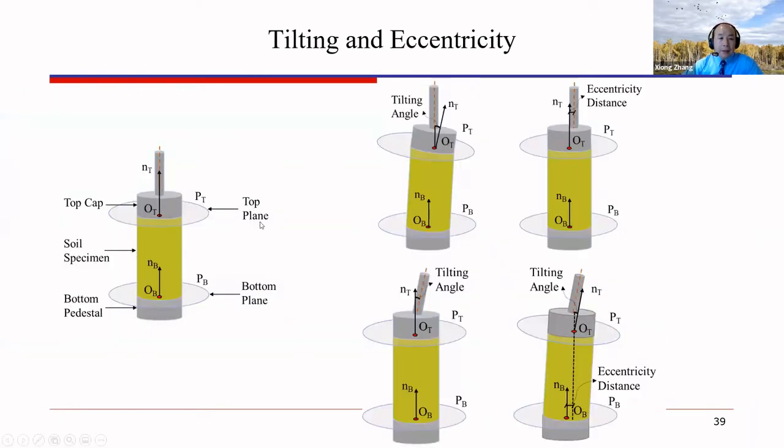This is how we see the possible combinations of different kinds of tilting and eccentricity. Conventionally, we always assume a perfect cylindrical soil shape. We assume the soil is put in a vertical direction, and the top cap is perfectly placed at the center of the soil specimen and perfectly aligned to the vertical direction.